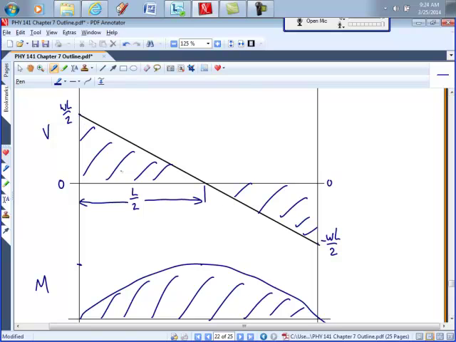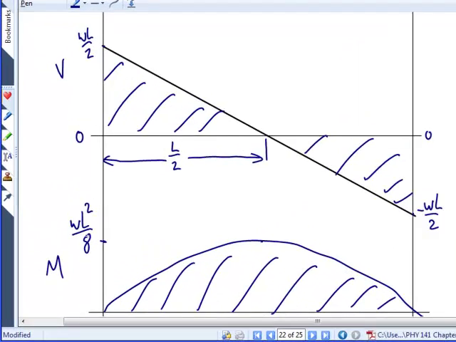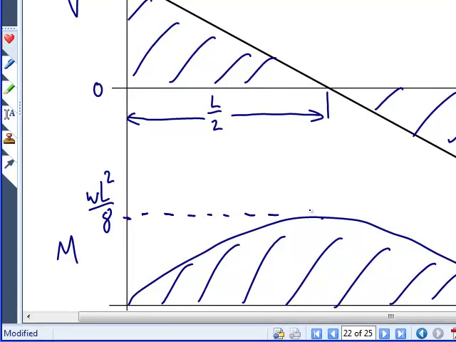So 1/2 of the base would be L over 4 times the height, which is WL over 2, so that'd be WL squared over 8. So for this loading, we know the maximum moment's going to be at the center. It's going to be WL squared over 8. Maximum shear is going to be at the end. It's going to be WL over 2.